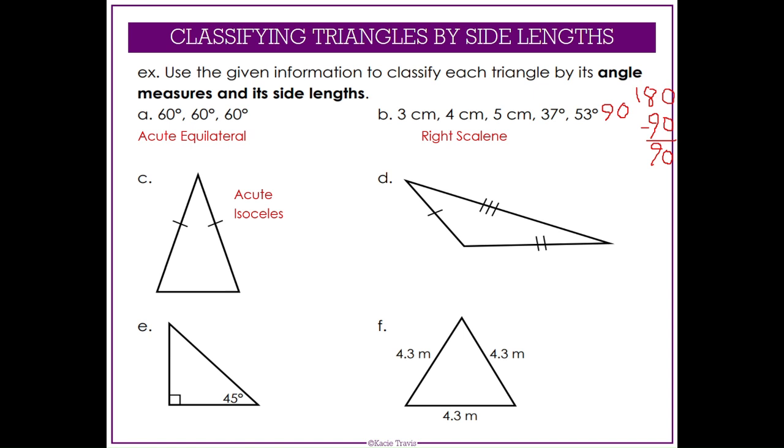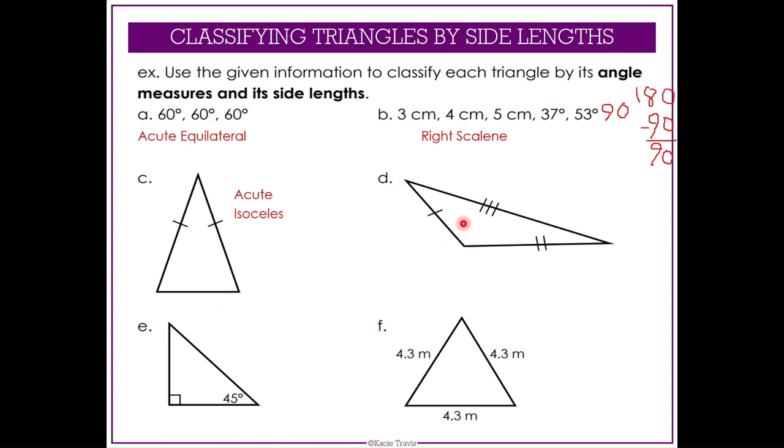Now, for our last one, not last one, this second one that's in the middle, we got three sides here. There's one mark on one, two marks on one of the other sides, and three marks on the other side. These markings all tell you that the sides are different lengths. And I can see that this big angle here towards the bottom is an obtuse angle.